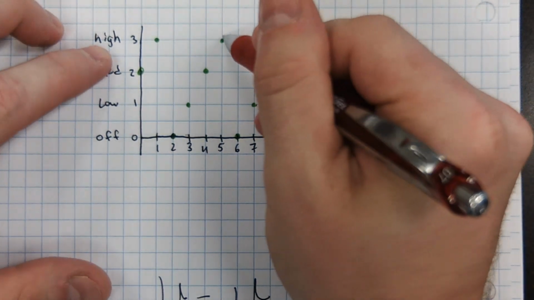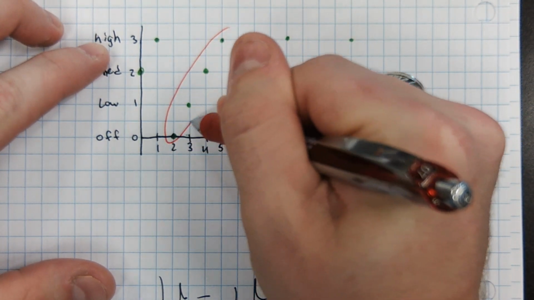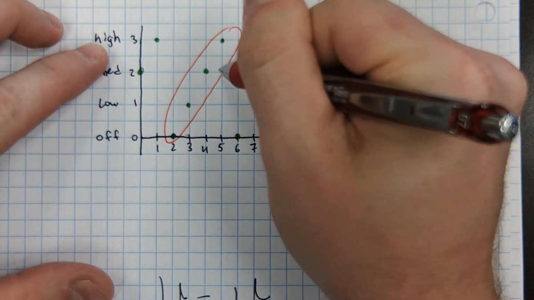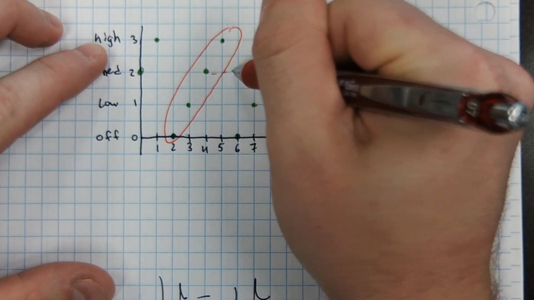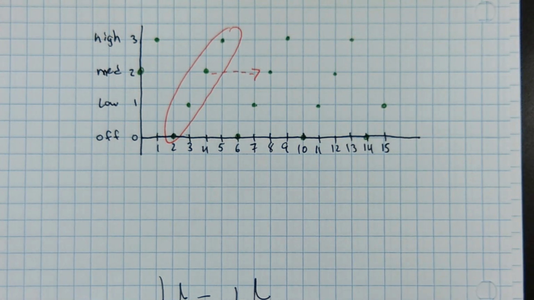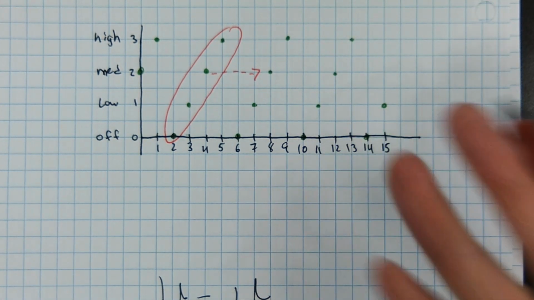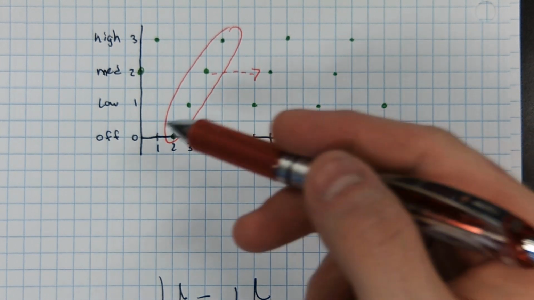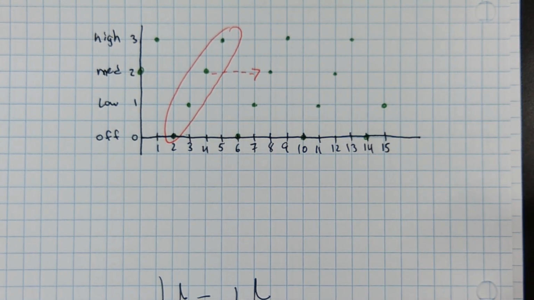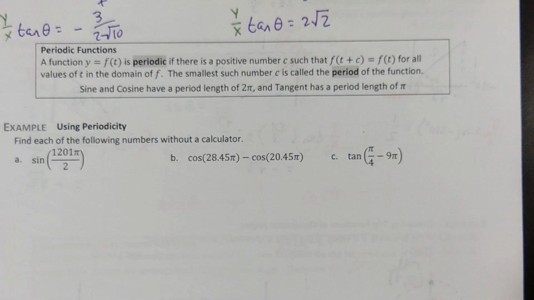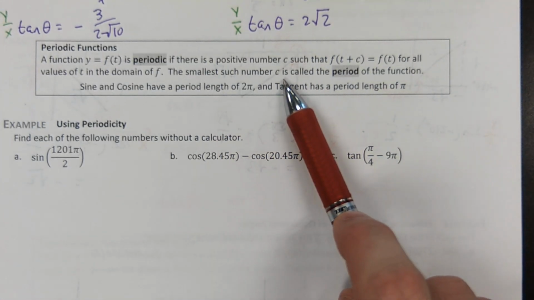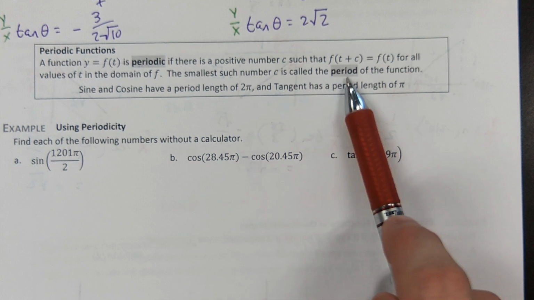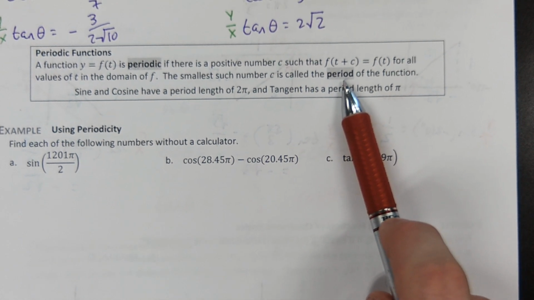If you took this setup and shift it 4 to the right, it'll look like you did nothing. This is periodic. And that shift, this one was a length of 4. It took me a length of 4 shift. That shift is the period of that function.